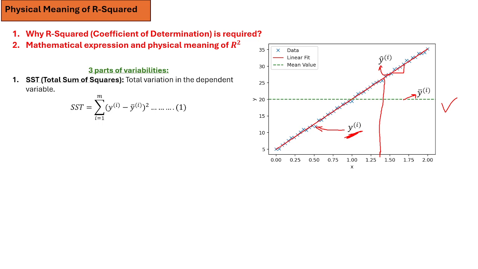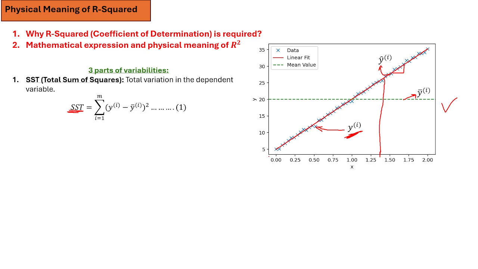So it's really important to know the total variation, and the variation of the actual data is measured in terms of the mean value of the data points, which is represented by y bar. So we basically take the average of all these data points.